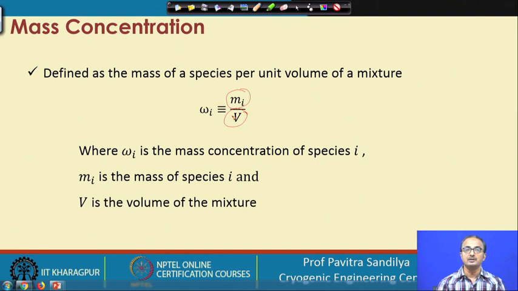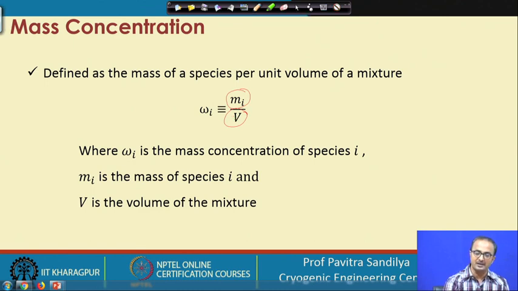But please note that you may find different types of representations of these various definitions in different books or in different literature. So, here I am using omega i for mass concentration.